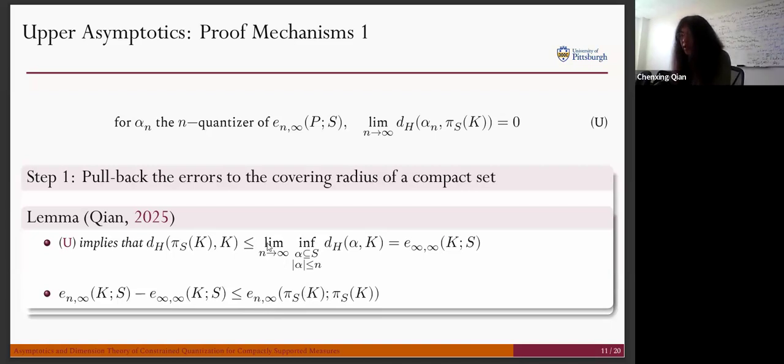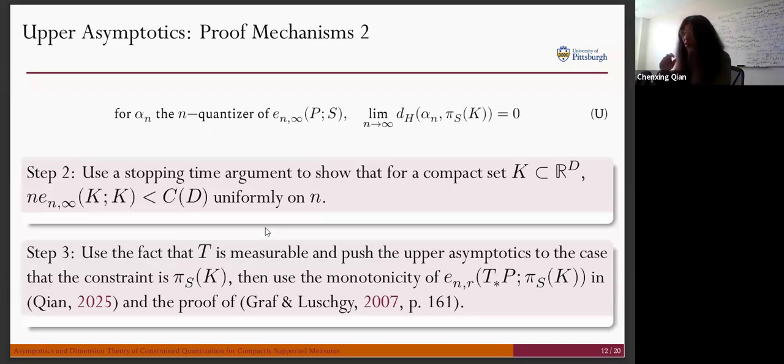And step two is we can use a stopping time argument to show that if a set is compact and the constraint is the compact set itself, then the quantization dimension when r is equal to infinity is bounded by a constant only dependent on the dimension d. Recall that when r is equal to infinity, the quantization error is the maximum distance.